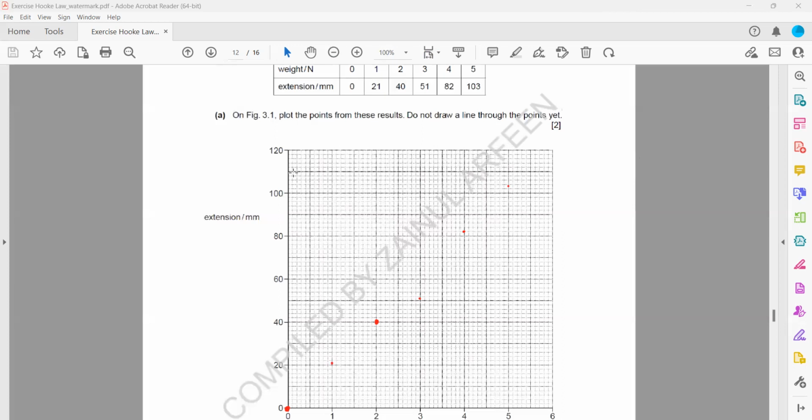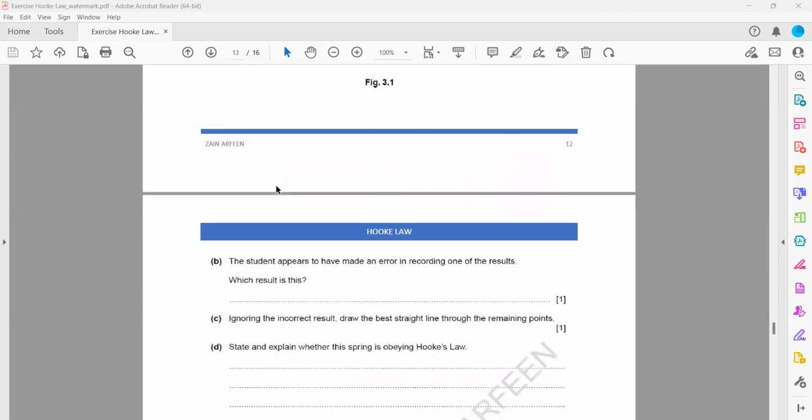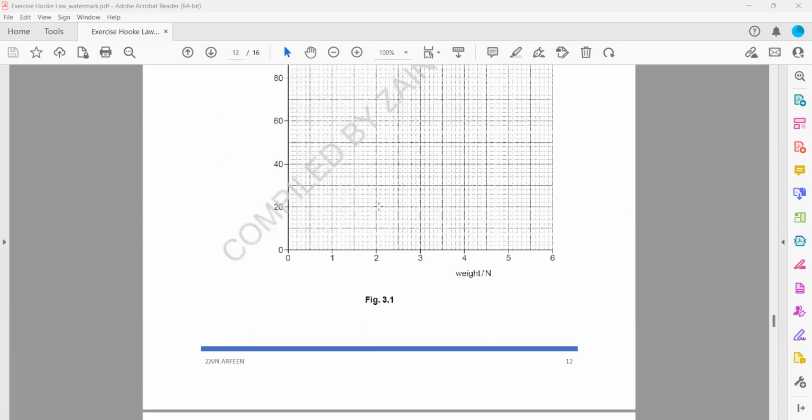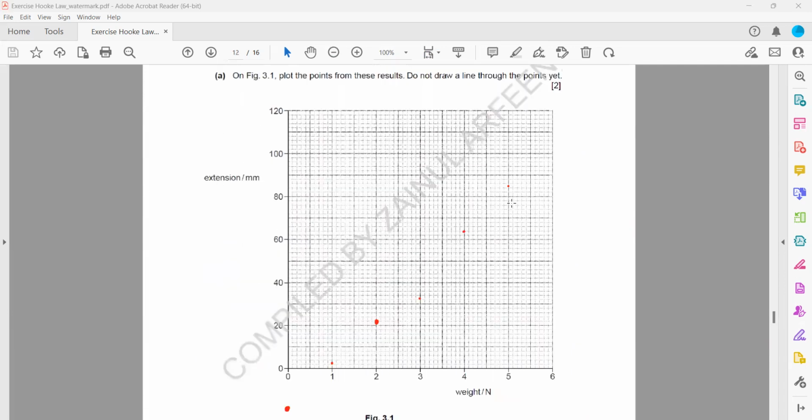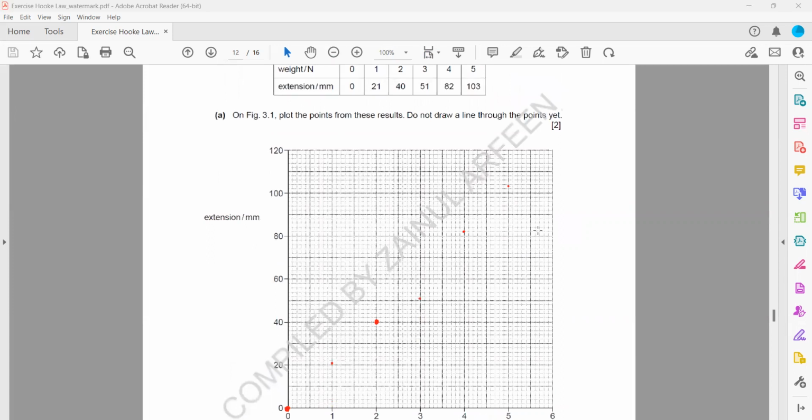Then the student appeared to have made a mistake in recording the results, which appear to be inaccurate. By looking at these points, which point does not appear in the same region? Which point appeared to be outside?